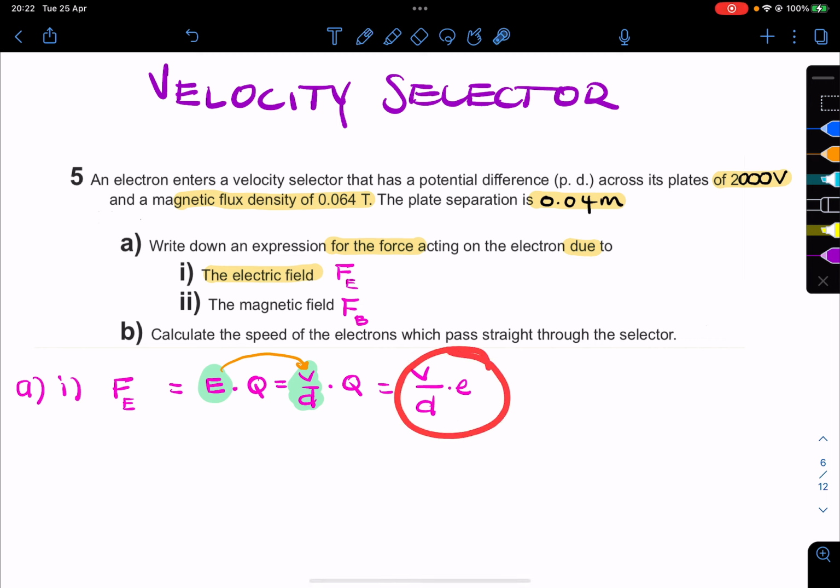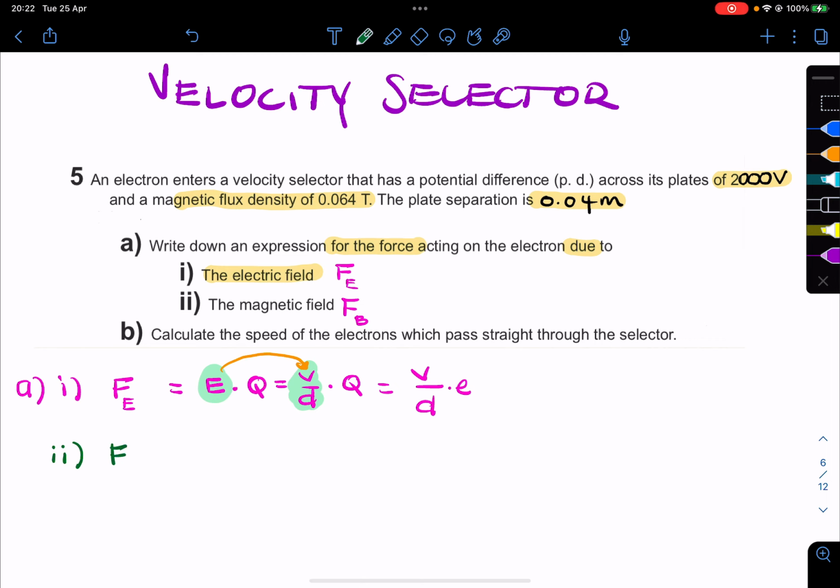So that is your electric field force. They don't ask for us to calculate anything, just an expression, so this should be enough. For part 2, it's the same, but for the magnetic field.